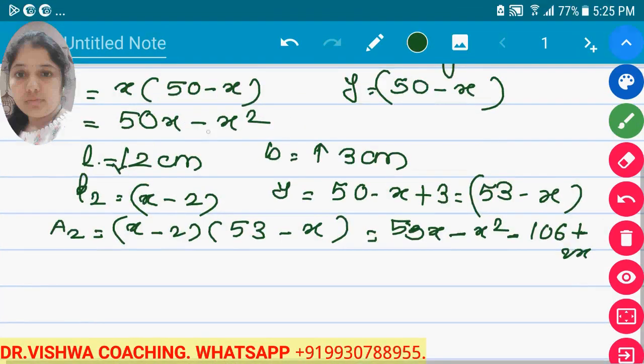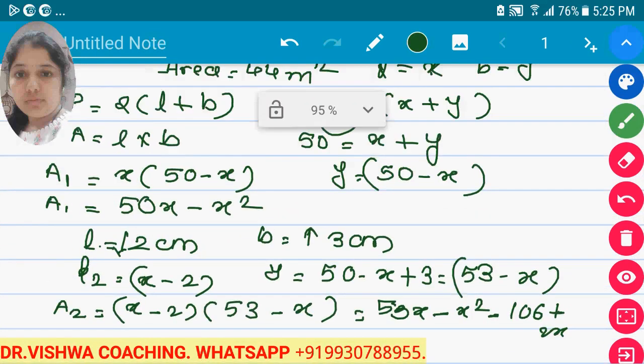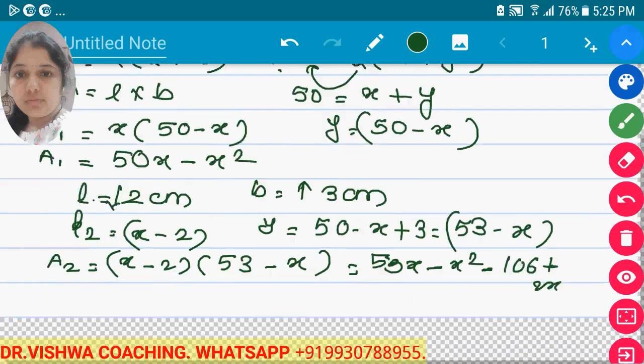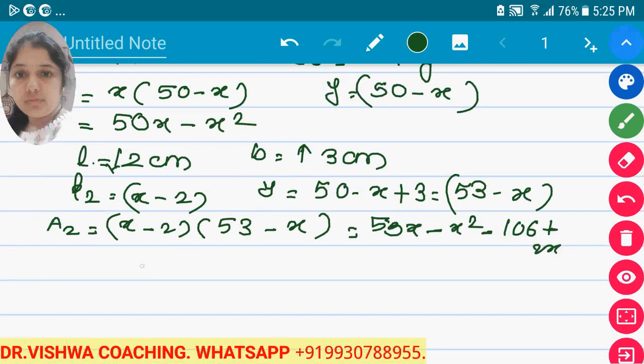Now see, my first area, area 1, is 50x minus x square. So if we increase this length and breadth, this area 2 is 44 more than this previous area because it is increased by 44.